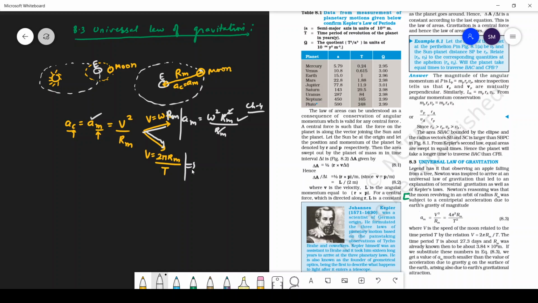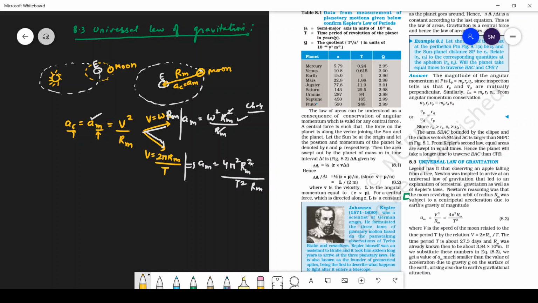And from here, putting this value over here, squaring it, we get 4 pi square Rm square divided by T square. So this is V square, divided by Rm.